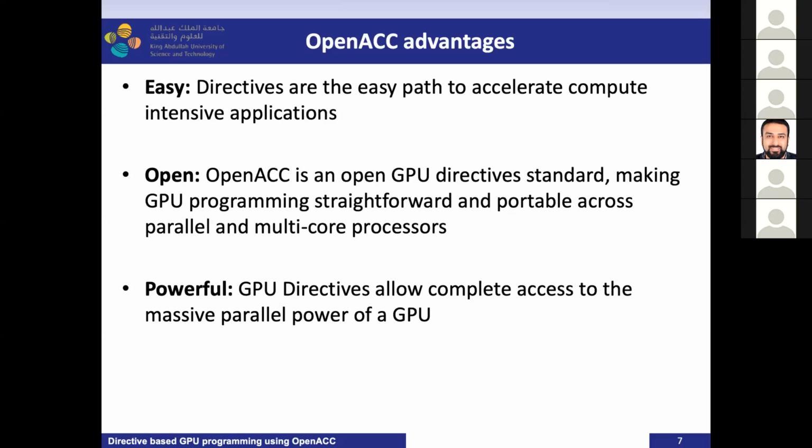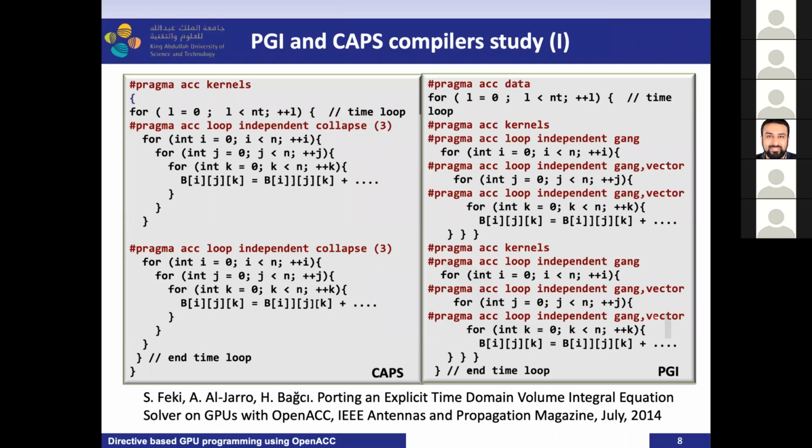I will go very quickly through a couple of slides on some research we did in 2014 when OpenACC started. Very simple, actually, when we had CAPS and PGI as two compilers. And you can see here that at the beginning, you need a little bit different coding to get the best performance out of them. So you can compile both codes with both compilers, but you get better performance on CAPS using that version, and better performance on PGI using that version.